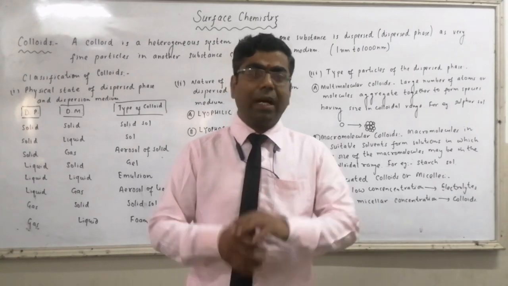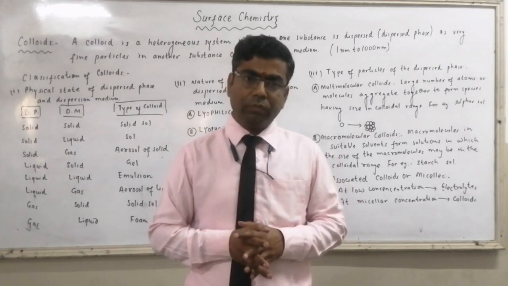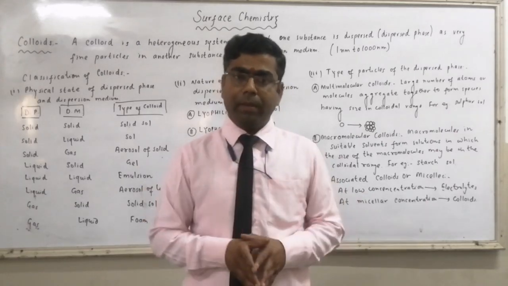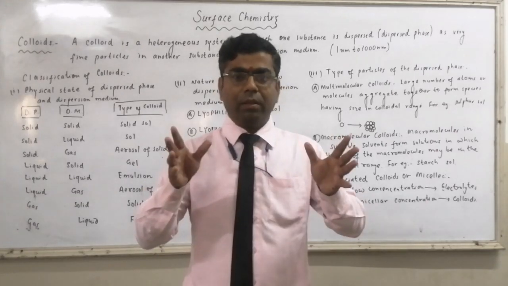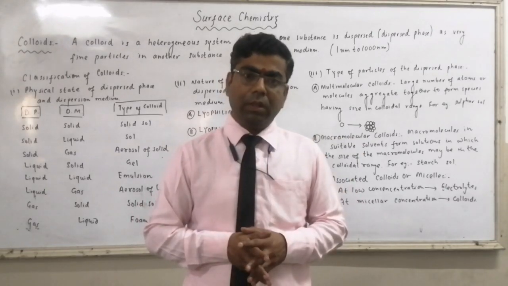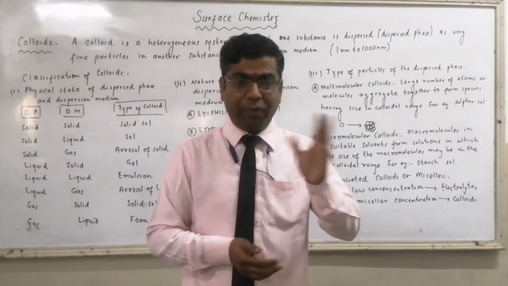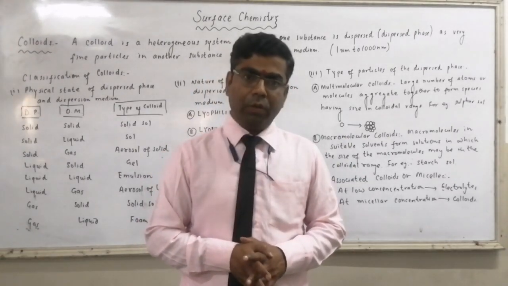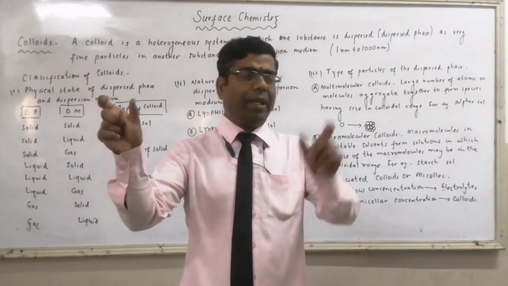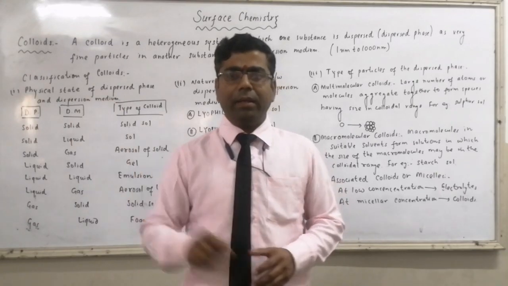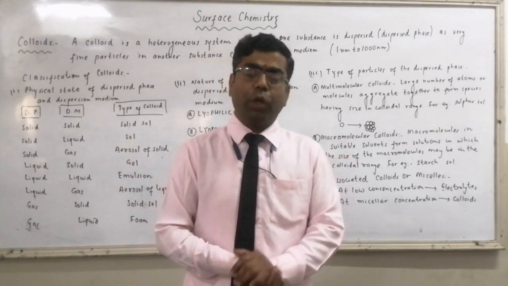Like if we talk about starch sol, we are taking starch and dissolving it in lukewarm water. We will get a colloid which is called starch sol. Starch will form dispersed phase here and water will form dispersion medium. So solute is equivalent to dispersed phase of colloids. Solvent is equivalent to dispersion medium of colloid.